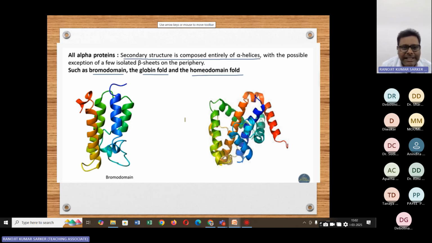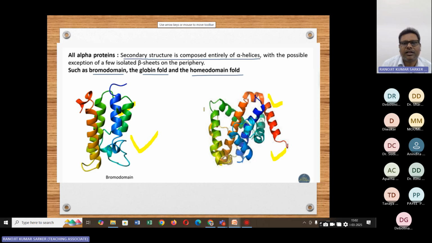Now let us look at the structure and understand. I hope you can understand, looking at this protein, what class it belongs to. You are absolutely right, these are the all alpha proteins. In its structure there is alpha helix only, and no beta sheet is present.